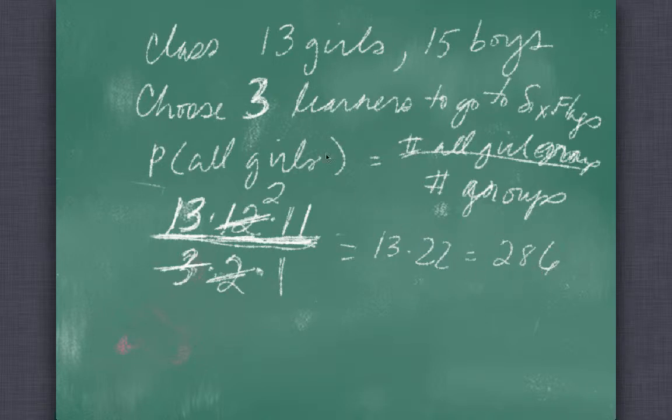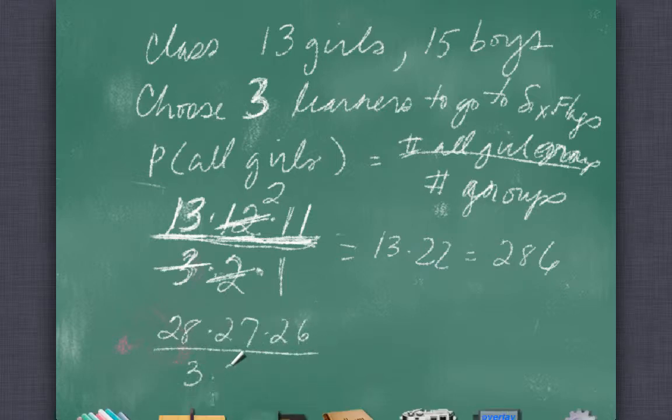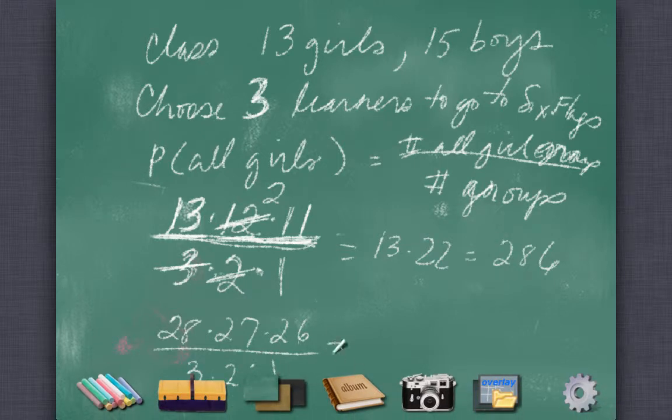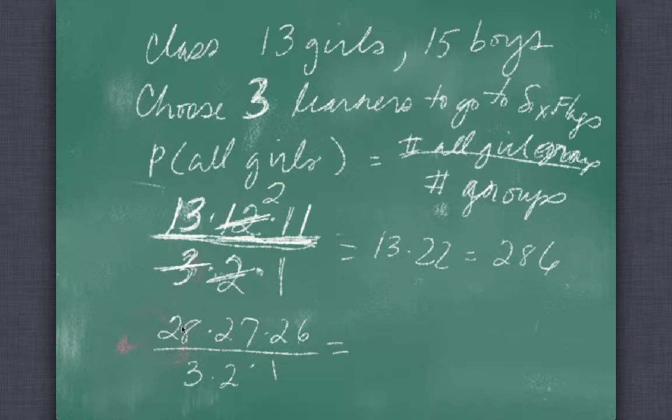Okay, so that's the number of ways. Remember, so far all we've done is get the number of ways to pick the girls. So we still have the issue of how many total groups do I have? Well, in reality, I have 28 people, right? So 28, 27, 26, still with the 3 times 2 times 1 ways that I grouped them all. Because this time maybe I picked Miss Platt, Miss Moore, Mr. Young, but I could have done Mr. Young, Miss Platt, Miss Moore, and so forth.